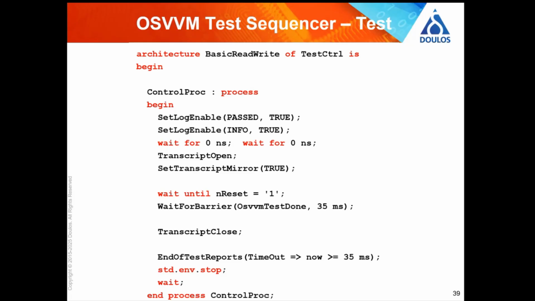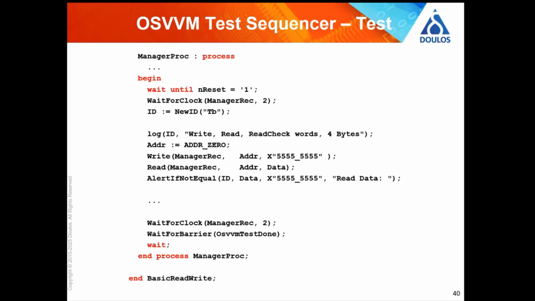You can see it's opening a transcript, waiting, and closing a transcript and things like that. And these are procedure calls to IP that comes with OSVVM. So you can see it's giving you lots of useful stuff that you can build your test bench out of. And concurrently, because you can in VHDL very easily, we've got the actual test going on here.